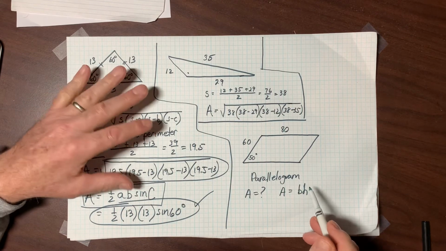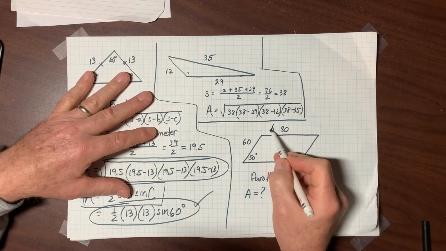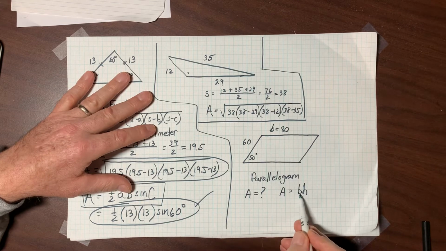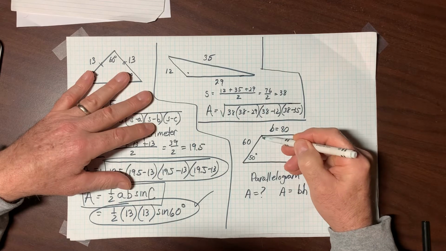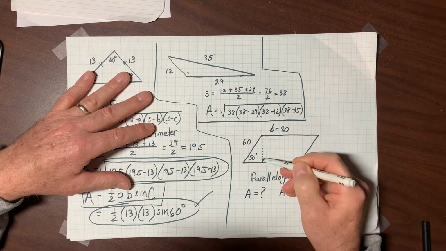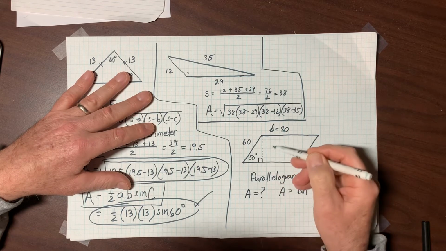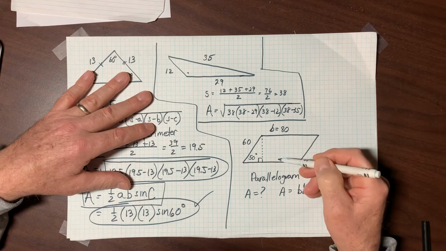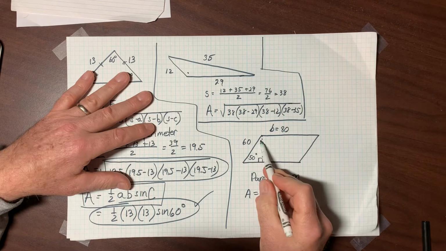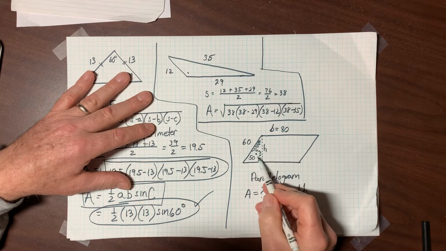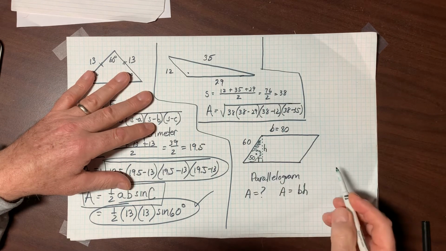So the base is 80. So we're good to go on the base, but we don't have the height. The height is always going to be the perpendicular distance, or the altitude, between the 2 parallel sides. So I'm going to call this H. And I'm looking at this right triangle right here, and I'm going to use a little sine relationship.